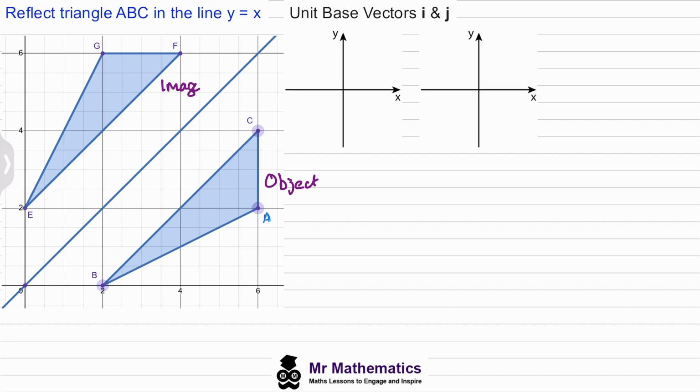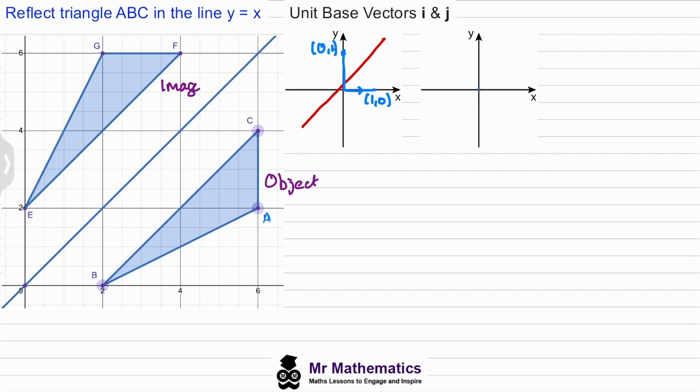Okay, so welcome back if you had a go. So the first thing we need to do is find our transformation matrix. And we're doing this using the unit base vectors i and j. We know i has coordinates 1, 0. And when you reflect this in the line y equals x, then this point is reflected through the mirror line to here. So the image of i has coordinates 0, 1.